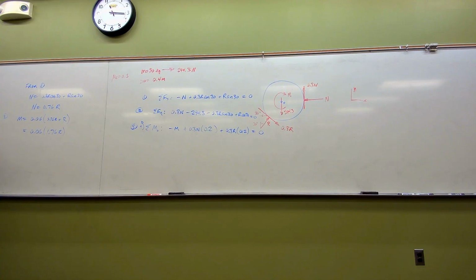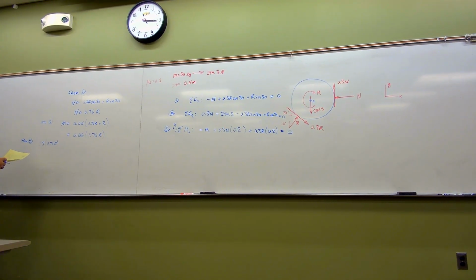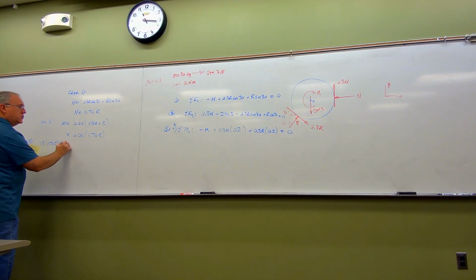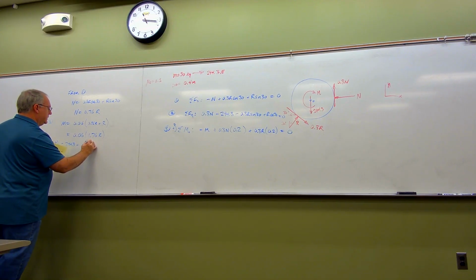And I can do that from equation 2. I took care of 1 and 2. So now from 2, I'm going to have the following. I'm going to have 0.3 times n, but we've already asserted that that's 0.76 times r, minus 294.3 minus 0.3 times 0.5 for the sine times r.